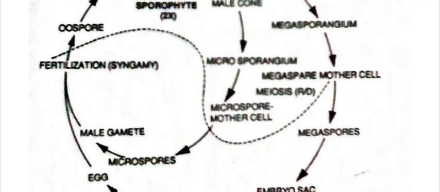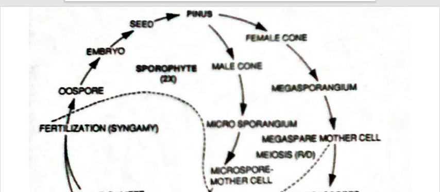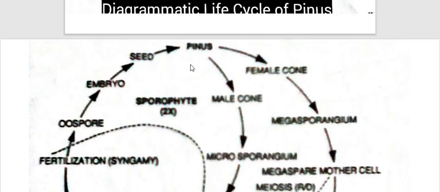After fertilization, the zygote which is produced is also known as the oospore, and on germination it produces the embryo, and the embryo, after some changes in the ovule, is converted into the seed, and the seed on germination again produces the sporophyte plant body of Pinus.